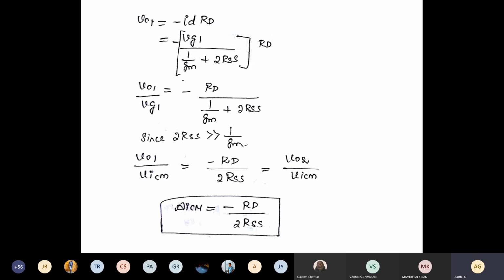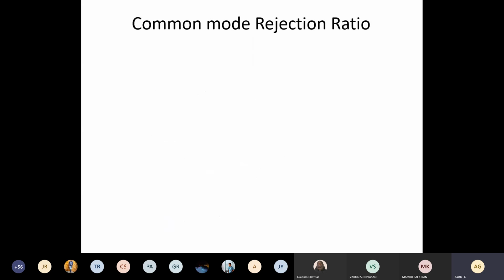Yes, ma'am, this is for the single-ended case. ACM represents the gain for the single-ended case. For the double-ended case, if you take both, minus of minus will cancel, which is 0. Okay.